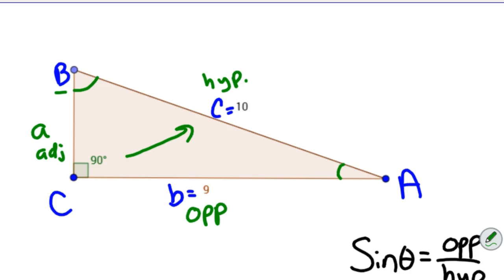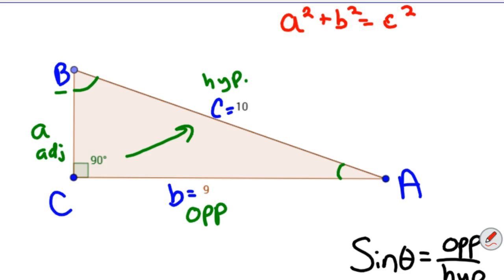So let's find little a first. Now I'm not going to use SOHCAHTOA for that. I'm going to use the Pythagorean Theorem, because this is a right triangle. If you remember, the Pythagorean Theorem is a squared plus b squared equals c squared.